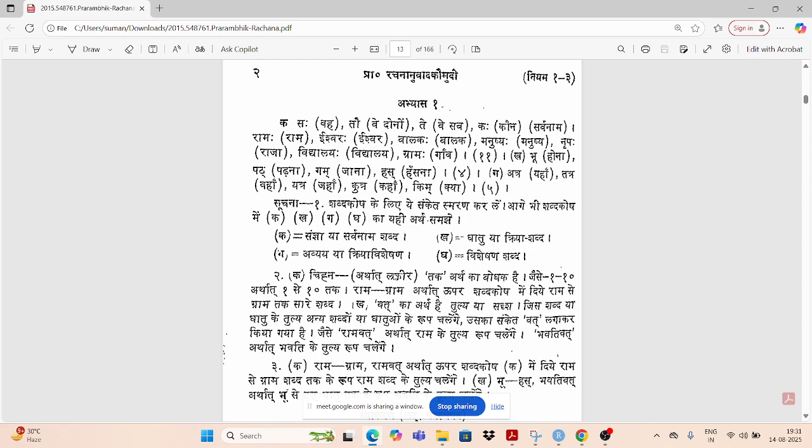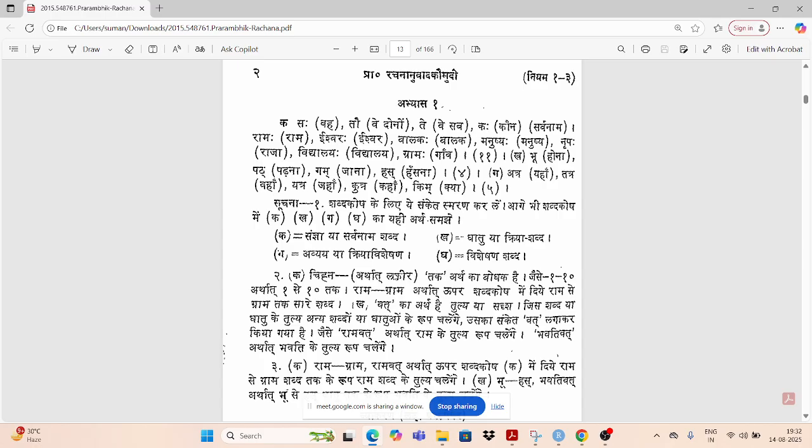So we have prayed to the three Munis, the Munitraya of Vyakarana, the Bhashyakara, the Sutrakara, and the Vakya or the Vartikakara. Now we begin with Abhyasa 1.